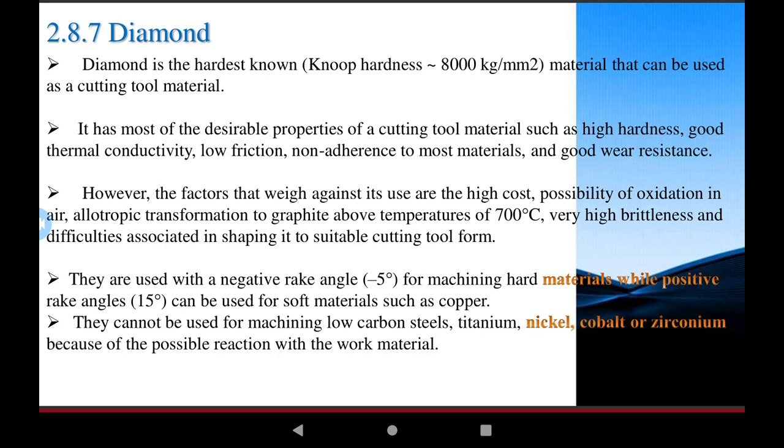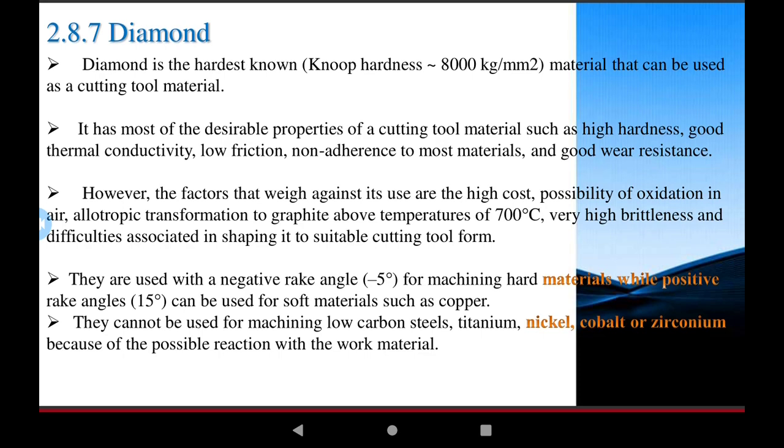It has most of the desirable properties of a cutting tool material: good hardness, good thermal conductivity, a very high melting point, and good wear resistance.